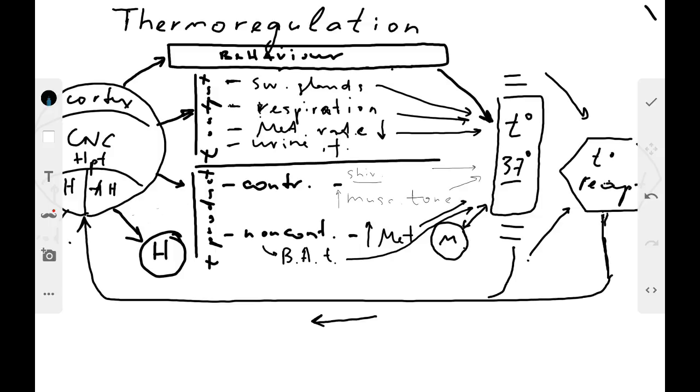But this system will be incomplete if we do not mention the reactions of blood vessels.